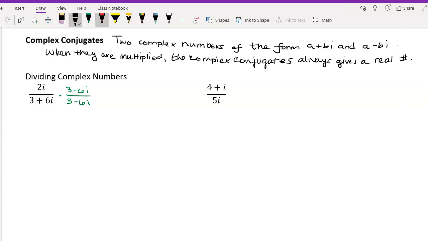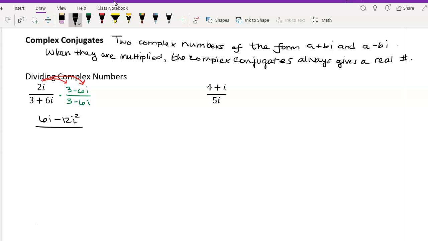All right, so let's take a look. Now we have 2i times 3, which gives us 6i, and 2i times negative 6i, which gets us negative 12i squared. So there's our numerator.